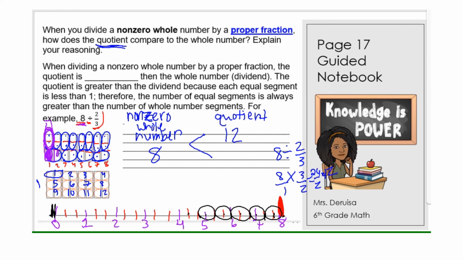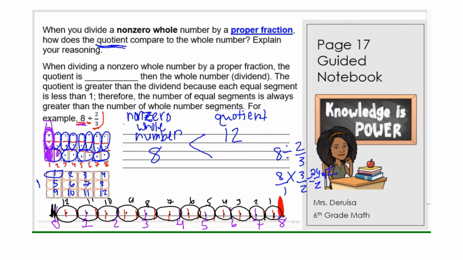So we go 1/3, 2/3, again and again, until we reach 0. So we have a total of 1, 2, 3, 4, 5, 6, 7, 8, 9, 10, 11, 12.